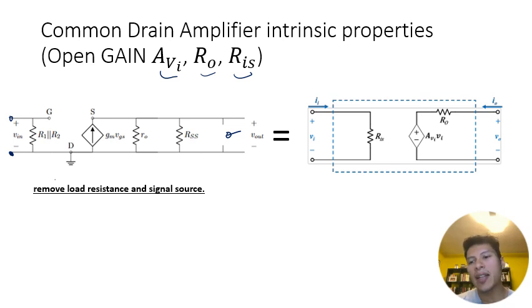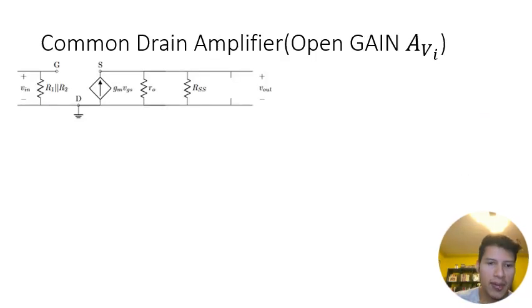At the very end, we're going to plug in some numbers so that you can get an idea of how to come up with a numerical gain, which is what you're ultimately looking for. All right, let's continue with the next slide. Let's find the open gain. Like I said earlier, Vn is equal to VGD.